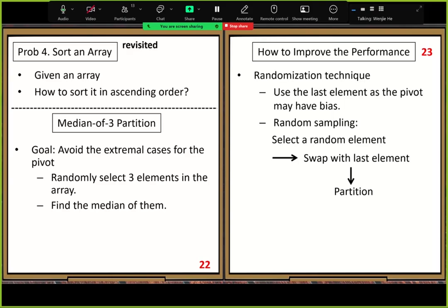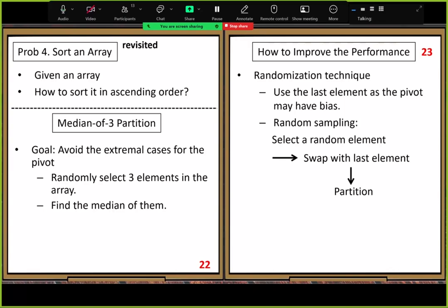If your data has some significant probability of being extremal data, such as ascending order or descending order, then you can use one of these 2 methods to avoid those extremal cases. Otherwise, if your data is pretty much random, then you do not need to use these 2, because you need the extra preparation work.